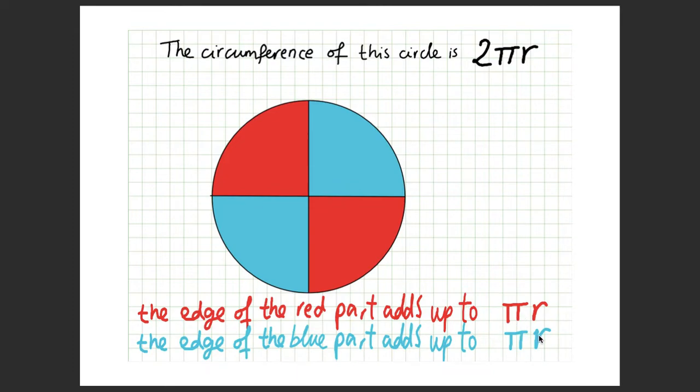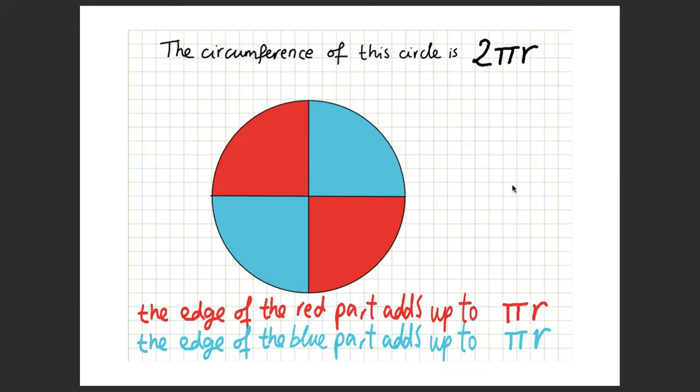And the same for the blue bit. So the blue bit adds up to pi times r, the red bit adds up to pi times r, and that gives you the whole circumference adding up to 2 times pi times r. So we're just talking there about length around the edge.